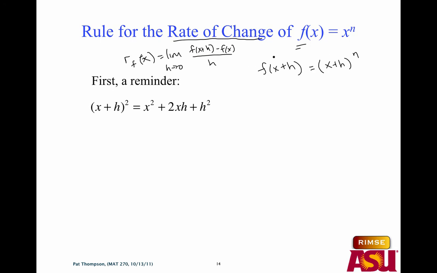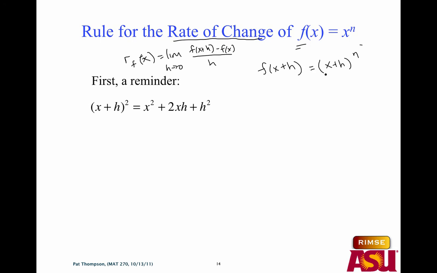At some point when I'm trying to figure out a simplified version of this, I need to be able to handle what f of x plus h looks like. Well, that looks like this, right? But that's not going to be useful for simplifying this expression in the numerator.